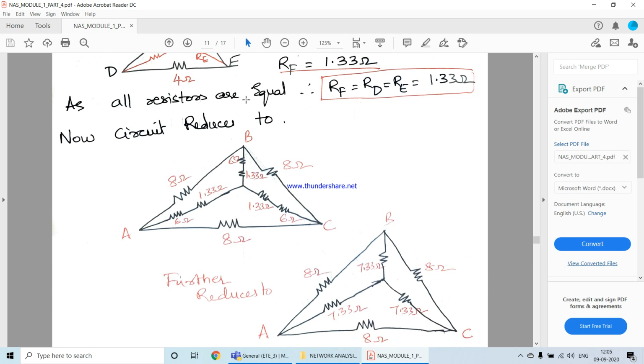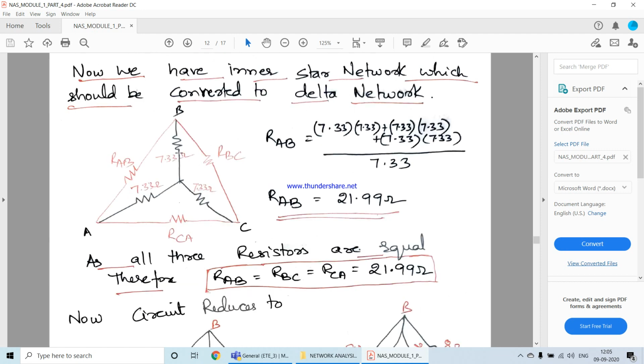Now what is my job? I think further it is similar to the previous problem which we did and have understood. So here now 7.33, 7.33, 7.33, which is in star, should be converted to delta. RAB is the one which we need to calculate across AB. So opposite to RAB is RC, which is 7.33. Therefore, I will put that into the denominator, whereas in the numerator it is RA RB, RB RC, RC RA.